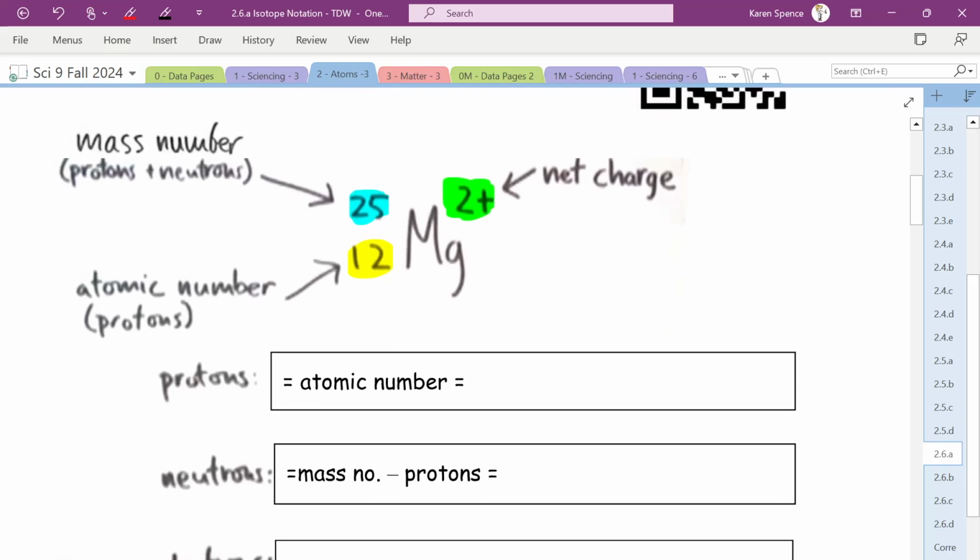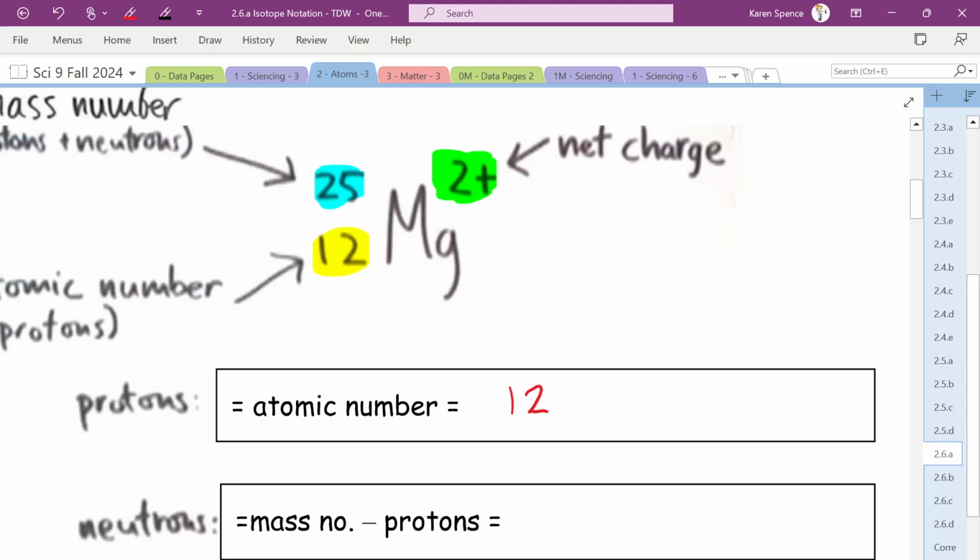So, how many protons do we have? We have 12 protons. Max. How many neutrons do we have?